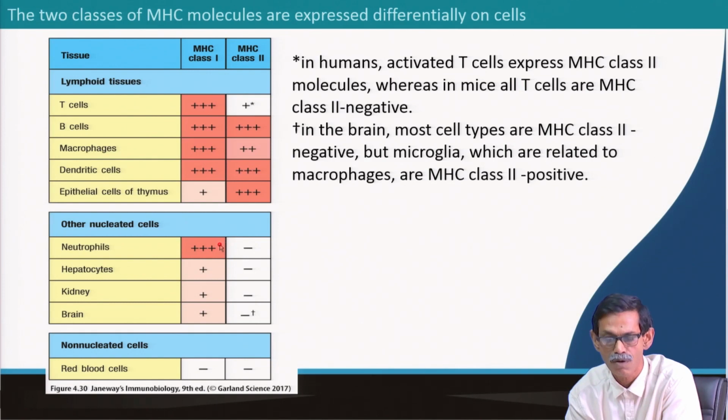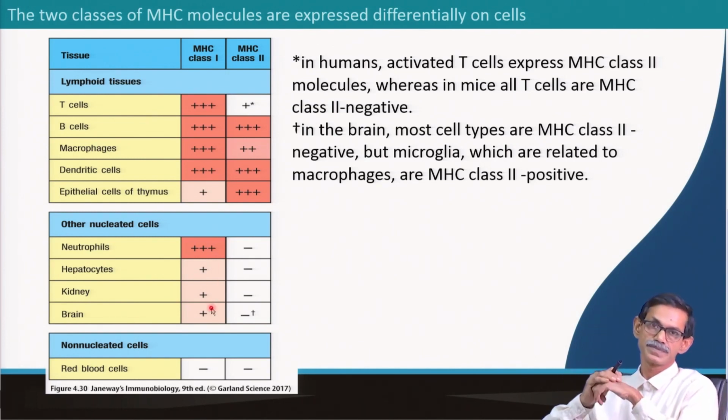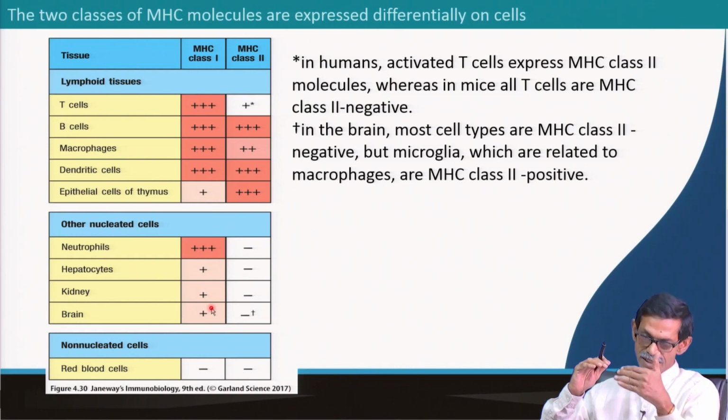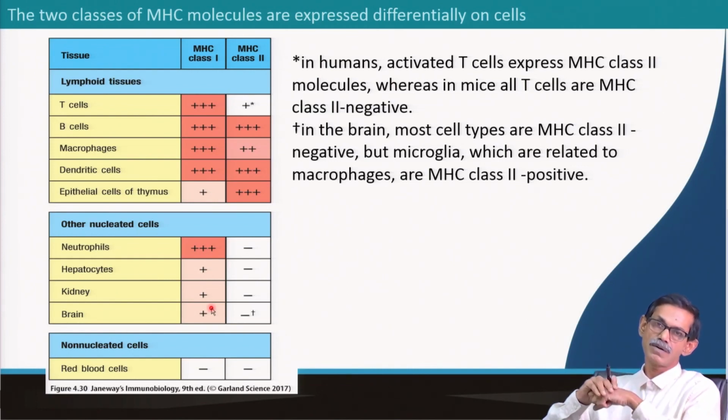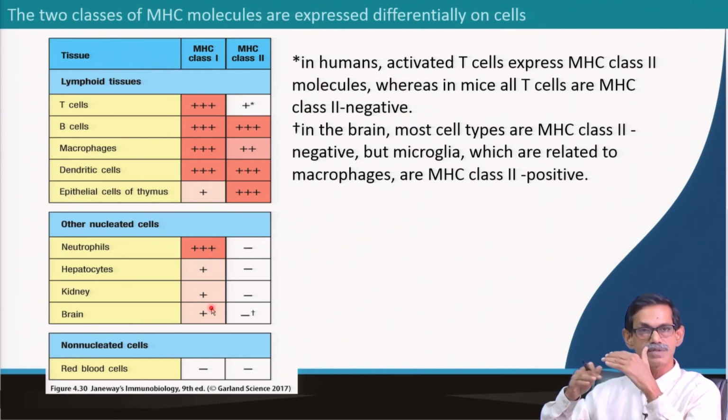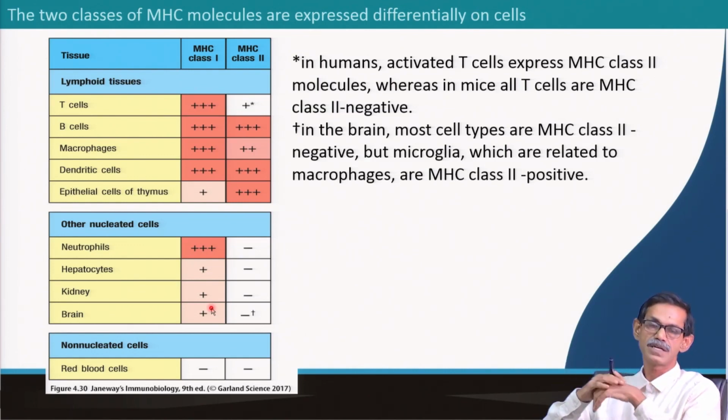But all of them express MHC 1. If you take any cells from the body, most likely they are expressing MHC 1. Maybe their expression level varies, but MHC 2 is very much restricted to very few cells.